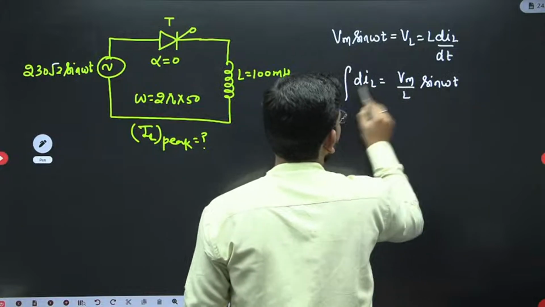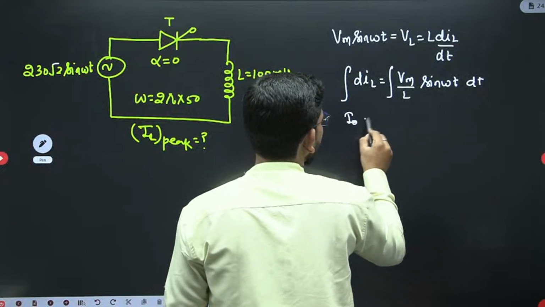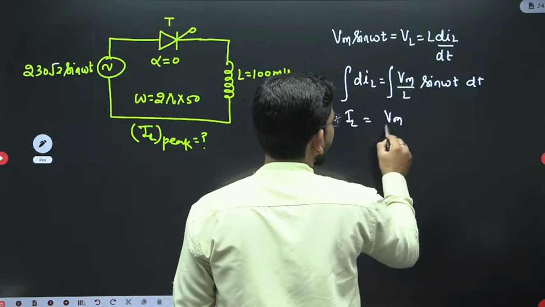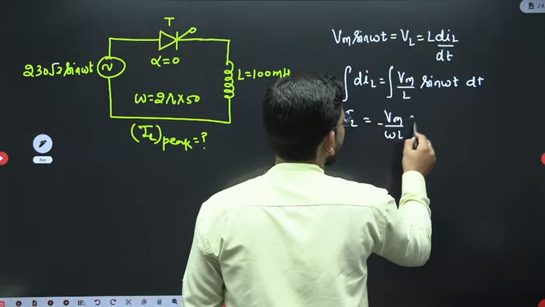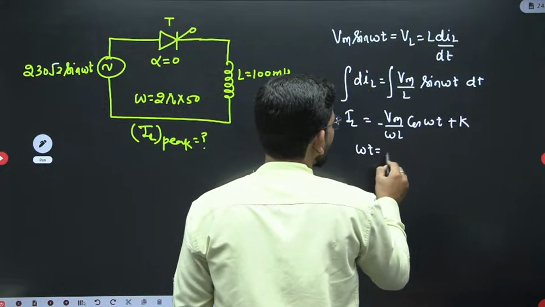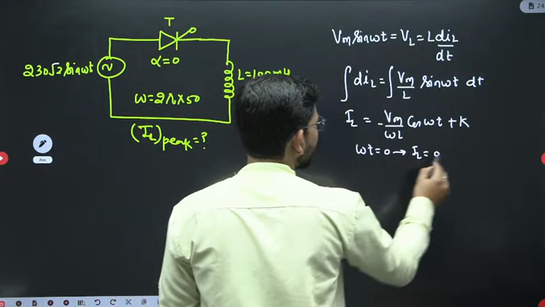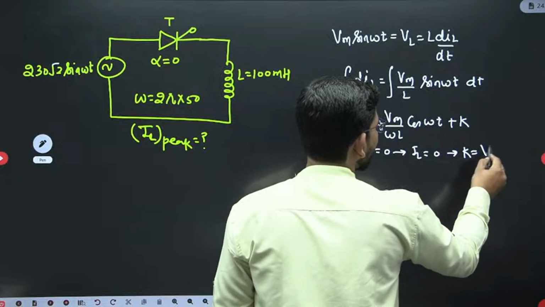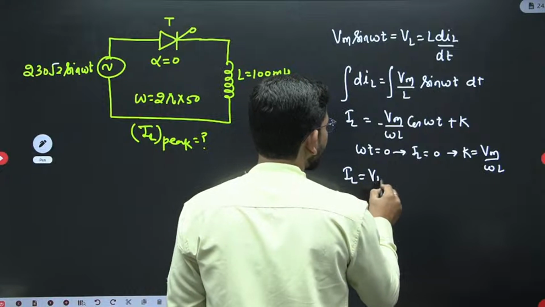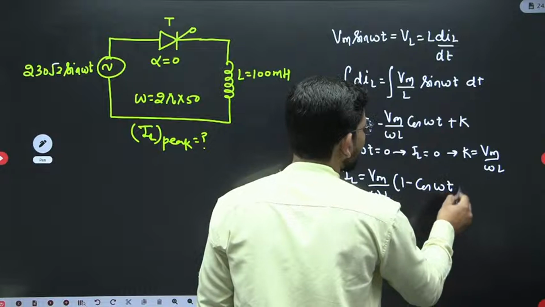And if we integrate it, let's suppose that this is IL, we can write it as Vm by omega L into (minus cos omega t) plus k. Now at omega t equals 0, IL will be 0, right? So from there you will get the value of k to be Vm by omega L. Now when you put these values, IL will be Vm by omega L into (1 minus cos omega t), correct?